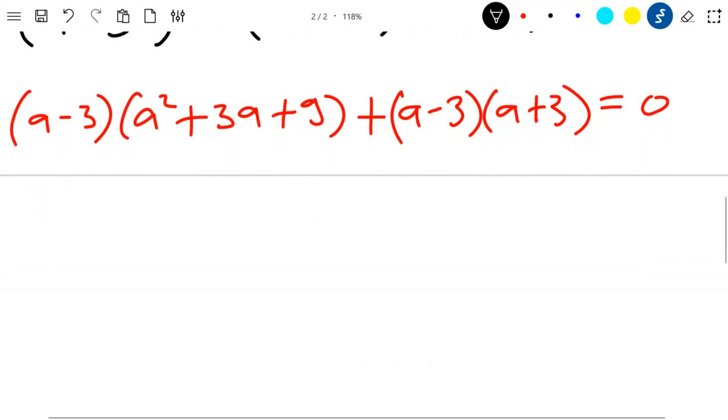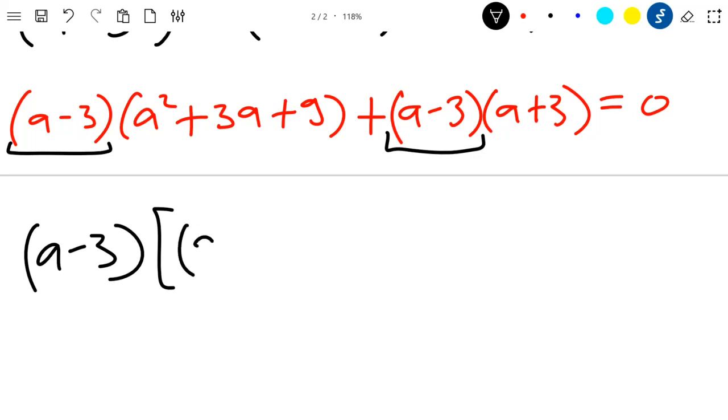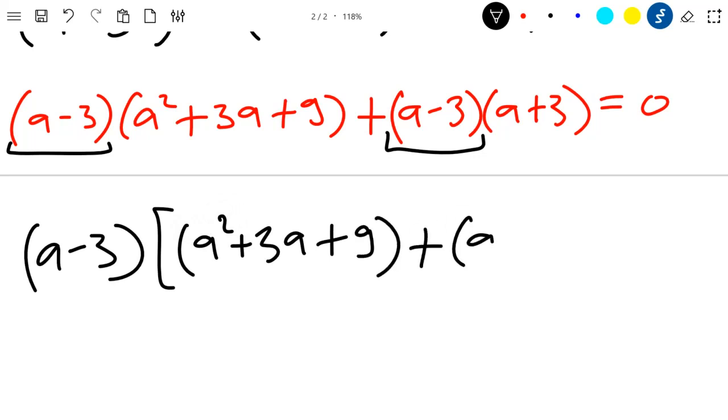Now see that we have the common factor a - 3 here, so we can pull it outside to have (a - 3) times all this: a^2 + 3a + 9 plus the term a + 3, equal to 0.